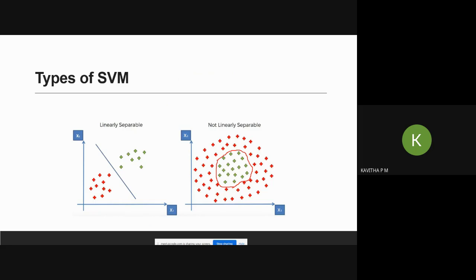When I don't use a straight line and I use different types of curves in order to separate the values, that kind of thing we call not linearly separable. It is definitely not possible for us to separate the values into two different categories by constructing a single line. Do you understand what is linearly separable and not linearly separable?